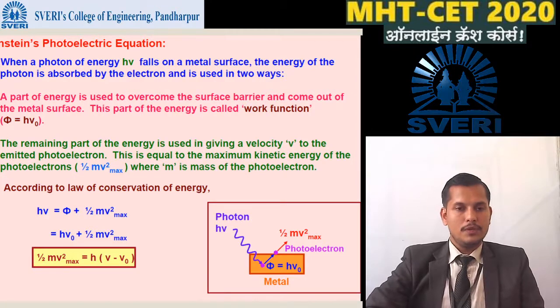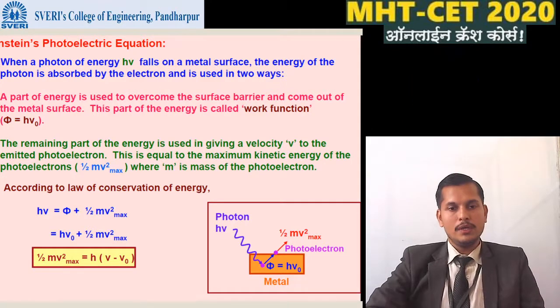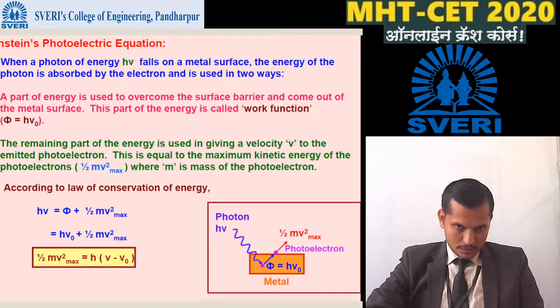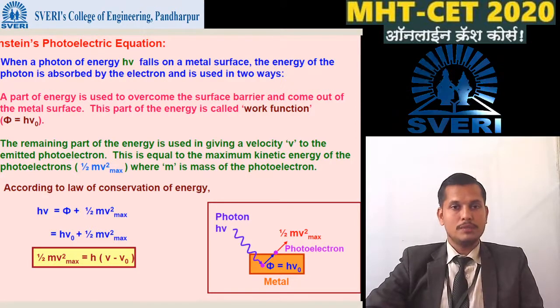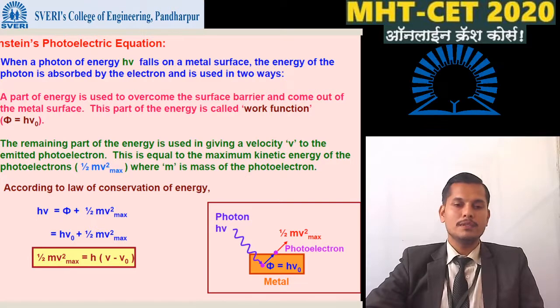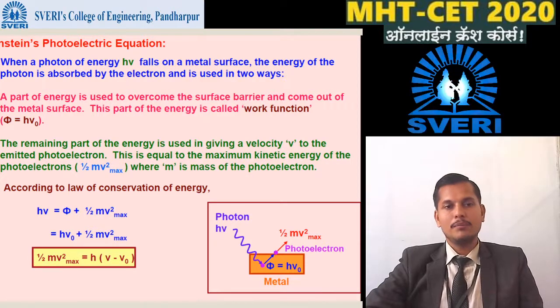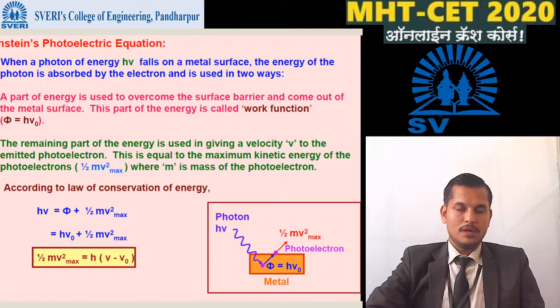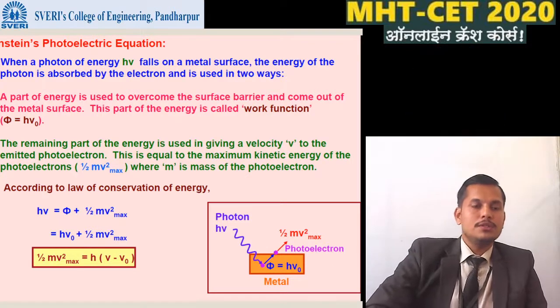So if we see the figure, here a photon having energy h nu is exposed, metal is there, so work function is nothing but the energy to overcome the surface barrier and come out of the metal surface, and the remaining part of the energy is used in giving a velocity, that is 1/2 mv square max, to the photoelectrons. So let us check this.